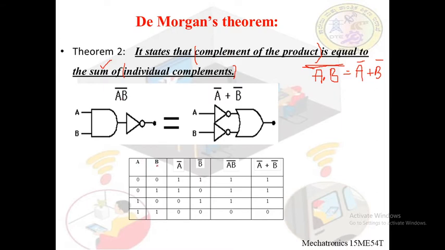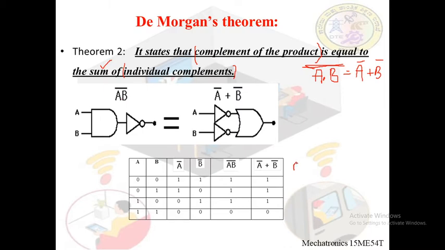As always, we have A and B data, all combinations of inputs tabulated here. We will generate A bar and B bar, that is A transformed into A bar, 0 turns to 1 and 1 turns to 0 here. B bar similarly, all zeros become 1 and 1 becomes 0. And now we will find out AB whole bar. AB whole bar is written directly here.